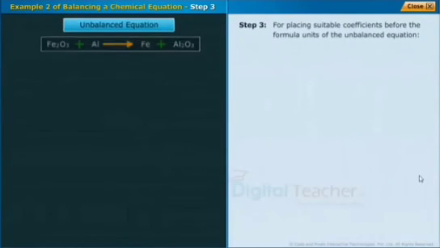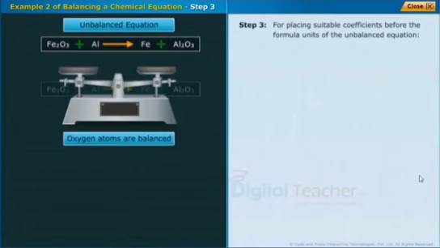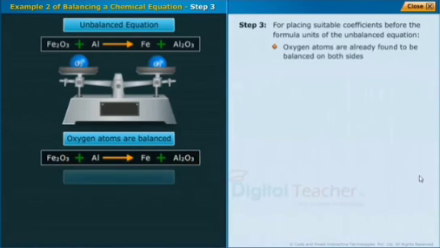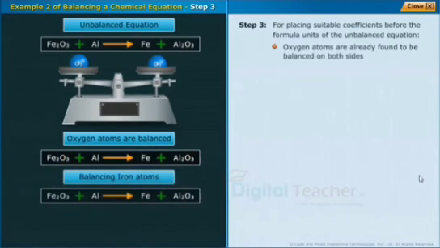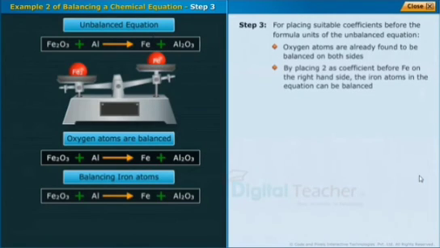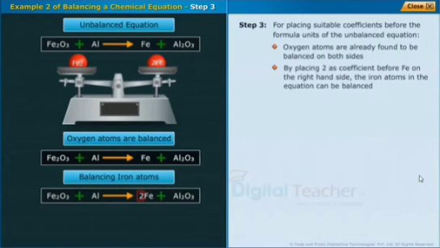Step 3. Place suitable coefficients before the formula units of the unbalanced equation. Oxygen atoms are already found to be balanced on both sides. By placing 2 as coefficient before Fe on the right-hand side, the iron atoms in the equation can be balanced.